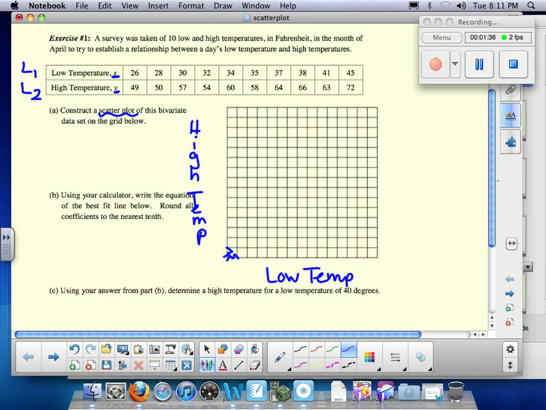And just like earlier this week, that's not the case when you get to science class. They have you start right in the corner. I'm not going to have you do that in math. We treat it differently. So for my X temperatures, I'm starting at 25, and I am counting by 2s.